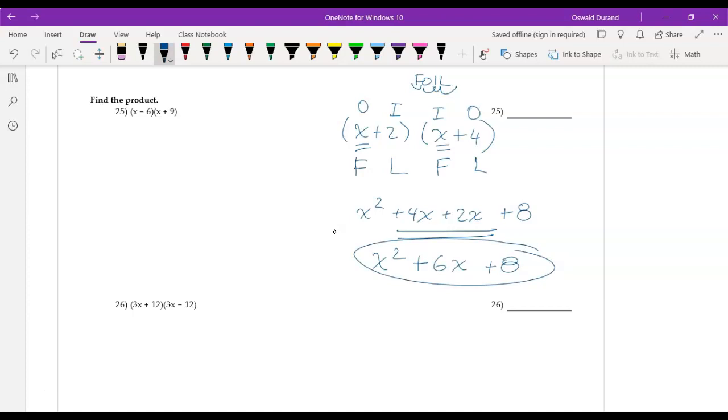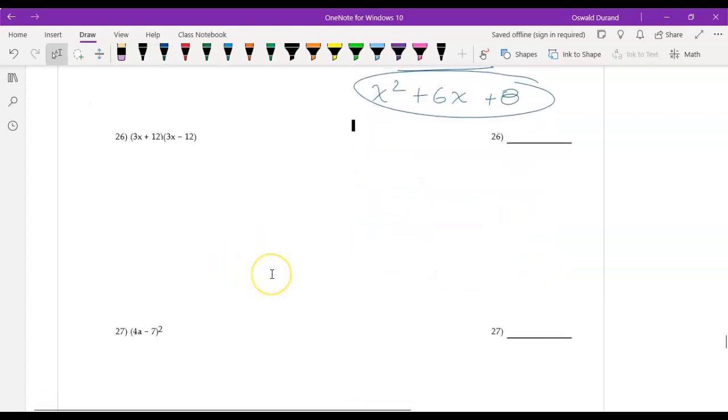And that's your final answer. Okay? Alright, so let's do the same thing with number 26 here. So the first term is the 3x and the 3x. So that's 9x squared.